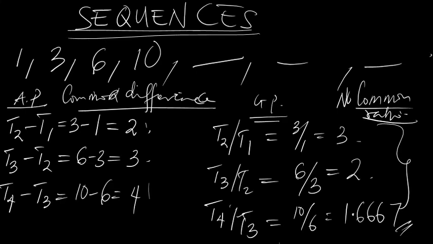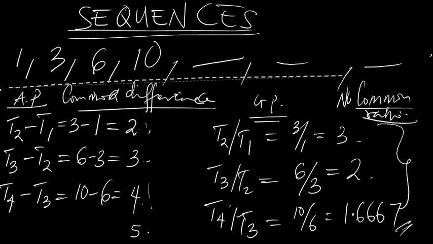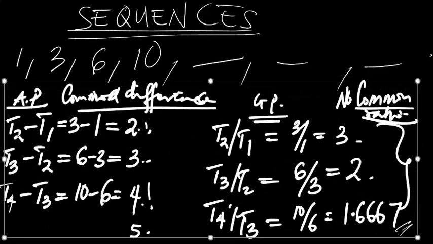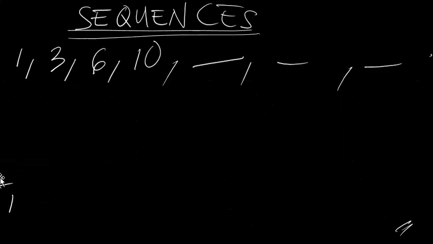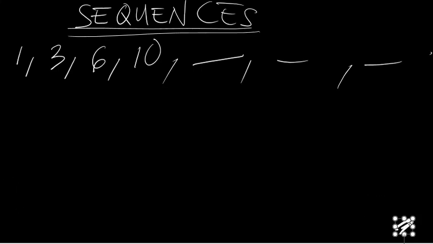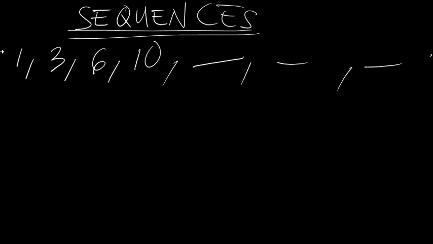But there is a pattern here. You see the pattern. You have 2, 3, 4. So that means the next one should be 5. So that is how we're going to get it. The process is, from here you add plus 2, you have 3.